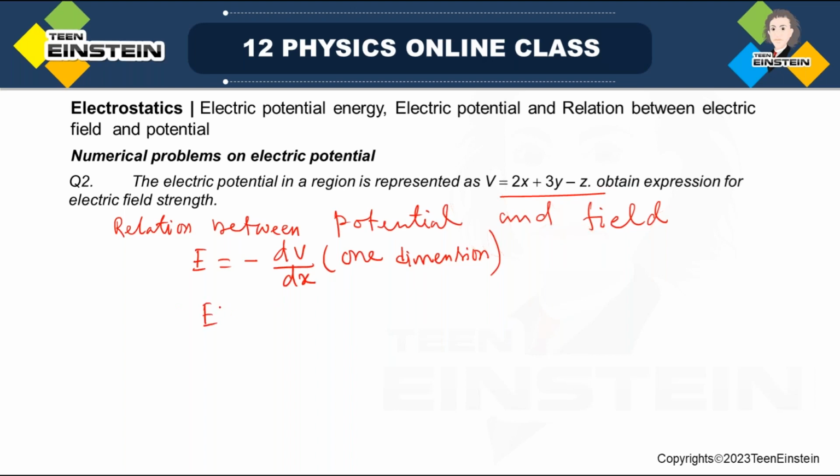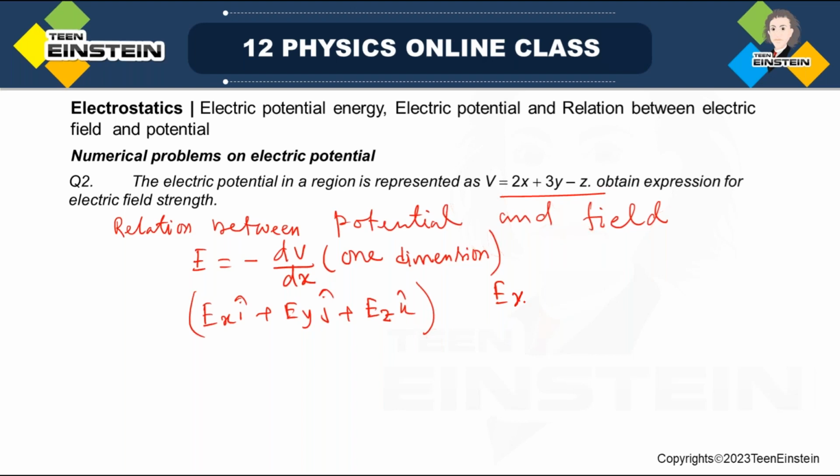This could be written as Ex i cap plus Ey j cap plus Ez k cap. So this electric field also will have 3 components, Ex, Ey, Ez.